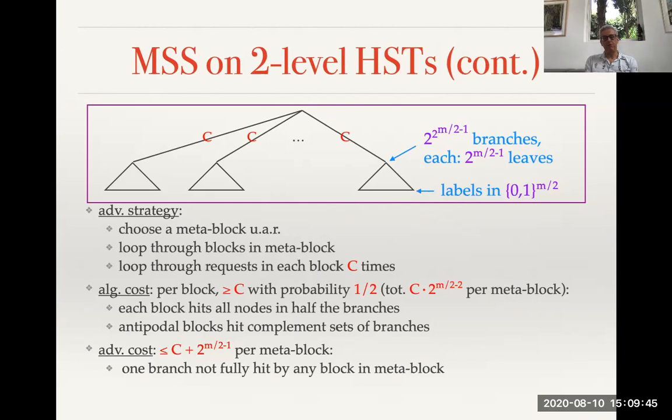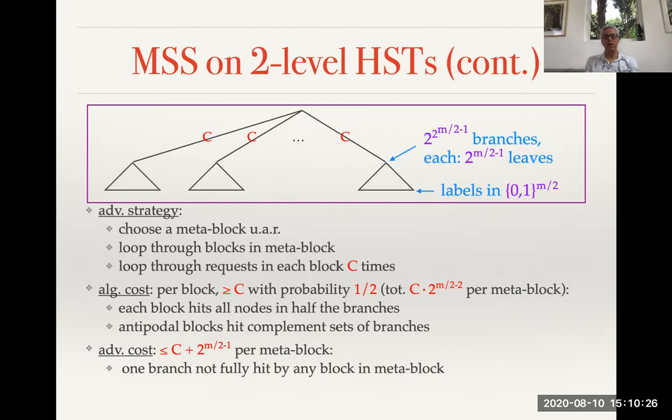Because this block is random, the two antipodal blocks in a pair hit complement sets of branches. Because a random meta block picks a random block in a pair, no matter where the algorithm is, it's going to have to pay at least C with probability 1/2, because it's going to pay each time we loop through the requests in the block if it stays in a branch that is hit, and the branch that it begins at is hit with probability 1/2.